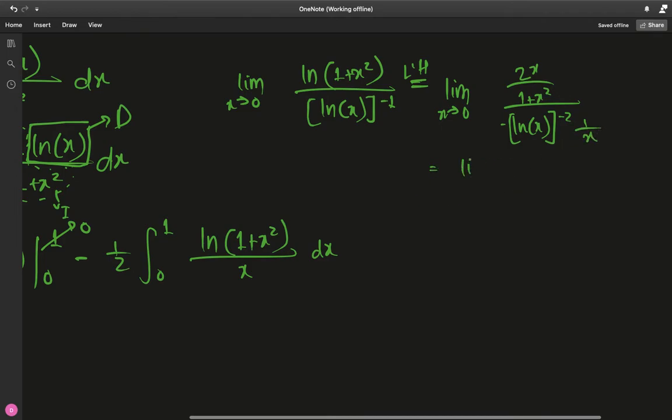So this will just give us limit as x goes to 0 of 2x squared over 1 plus x squared all divided by negative natural log of x to the negative 2 power. And the numerator, if you plug in x equals 0, is again a 0 over 0 situation.